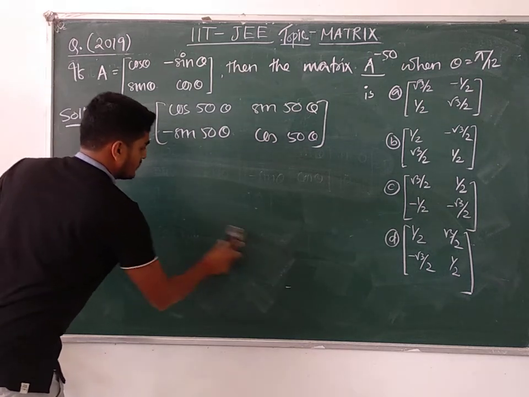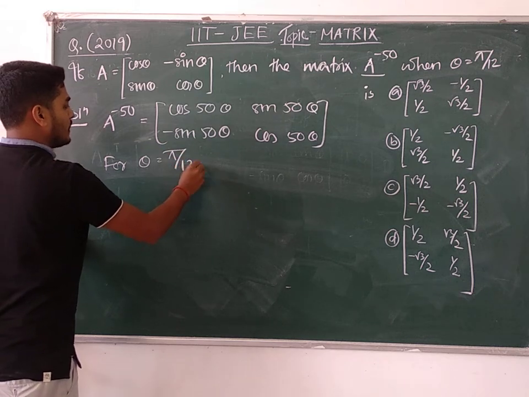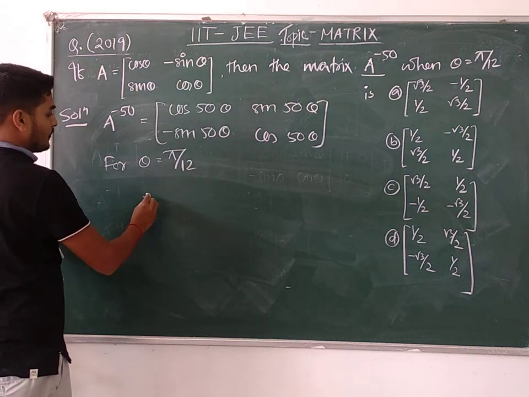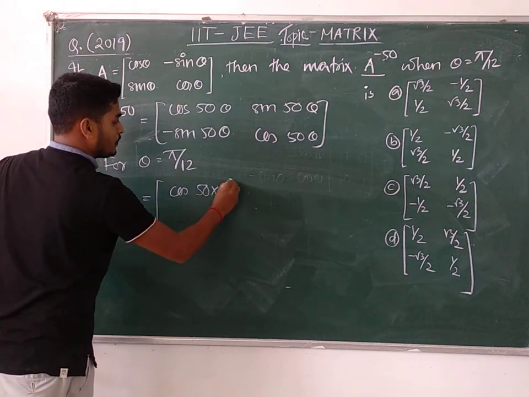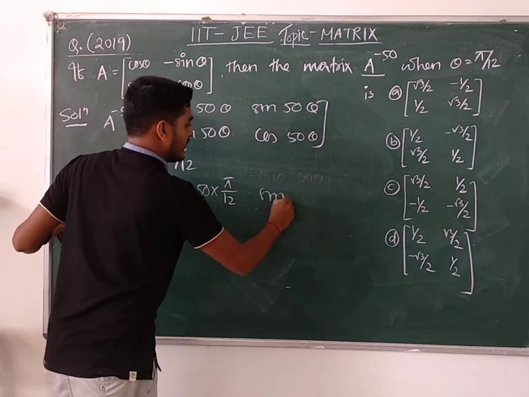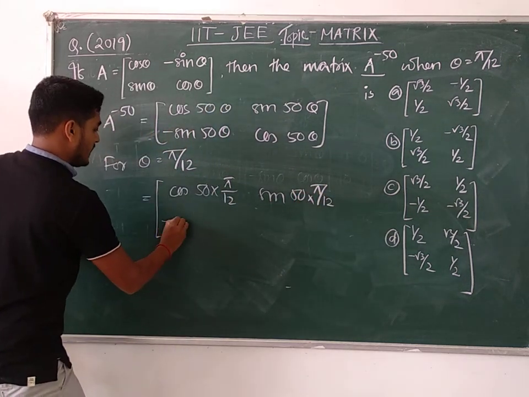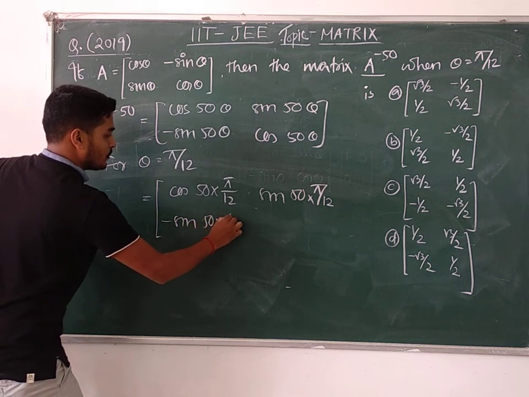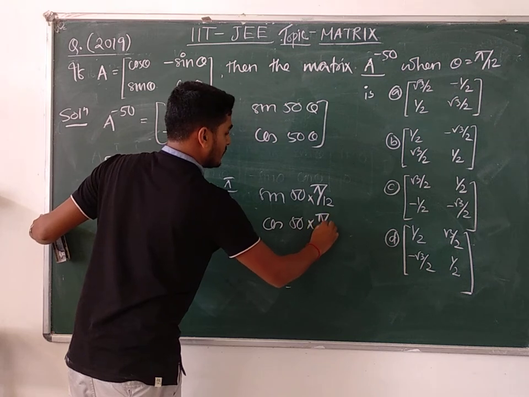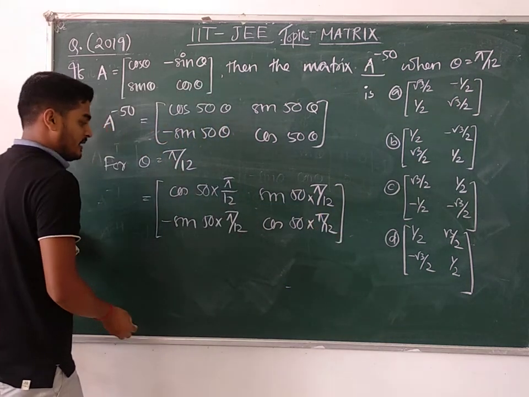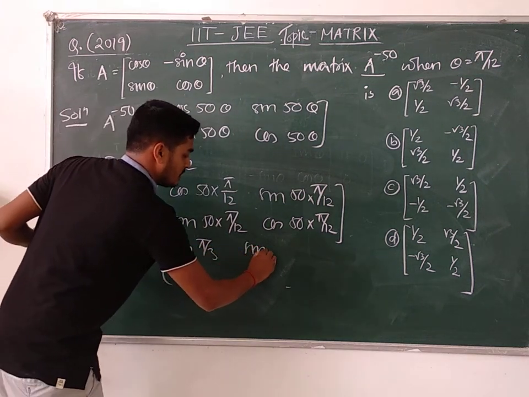Now, the value of theta is given as pi by 12, then it will be cos 50 into pi by 12, sin 50 into pi by 12, minus sin 50 into pi by 12, cos 50 into pi by 12. Now try to simplify.